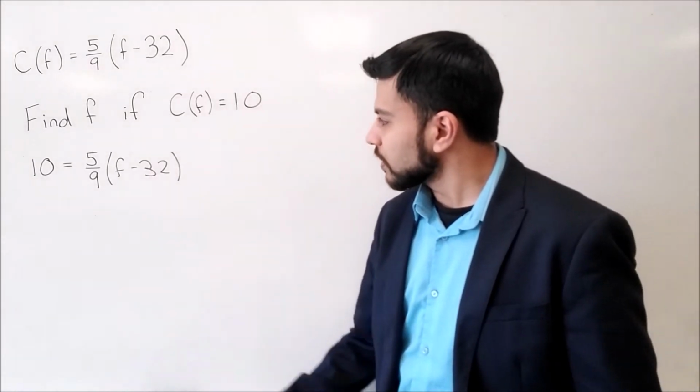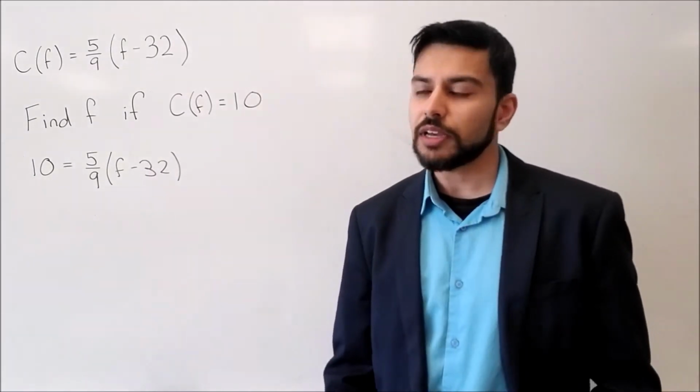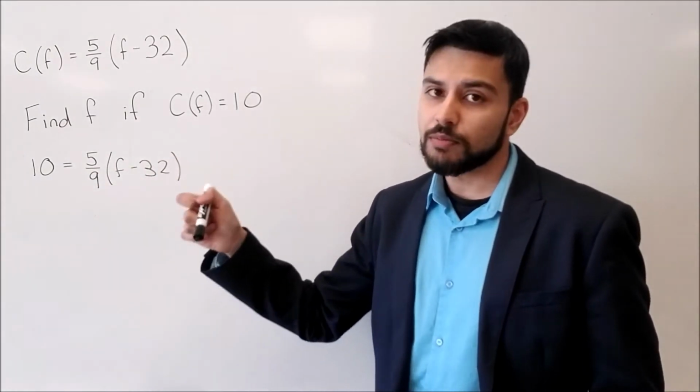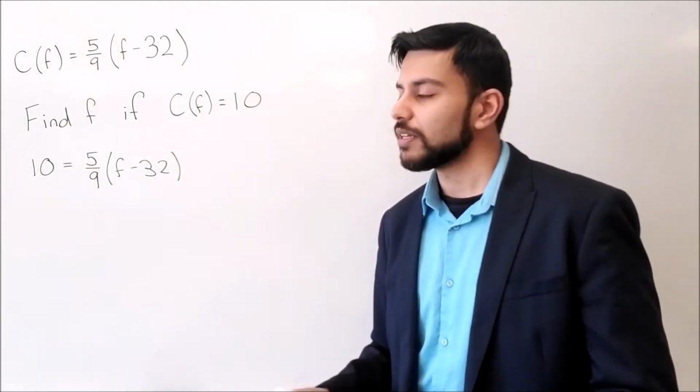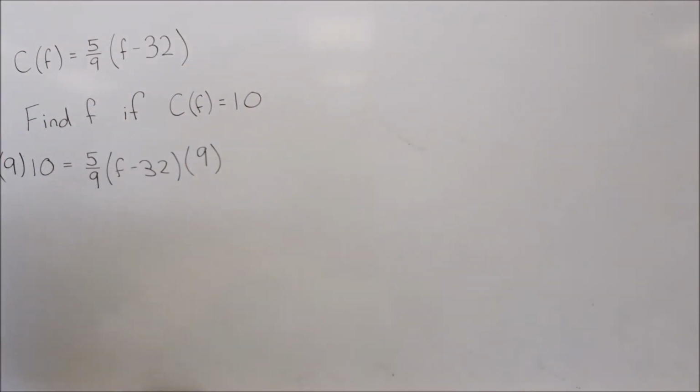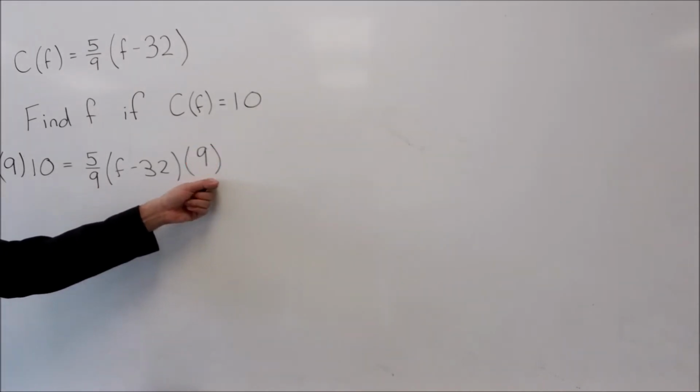So the first thing I see here is I have this 5/9 on the outside. I have a 5 divided by a 9. So if I multiply both sides by 9, I can get rid of the 9 on one side. It looks like this. Okay, so I'll step out of frame here to explain this one real quick. Because 9 is on the bottom of the fraction, I need to multiply the top of the fraction by that number. So that's what I've done over here.